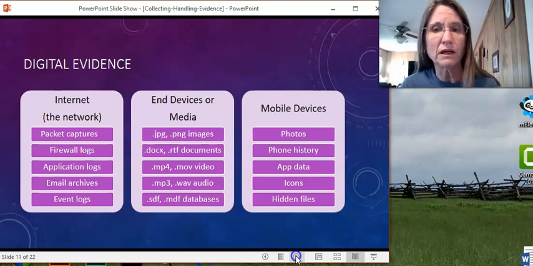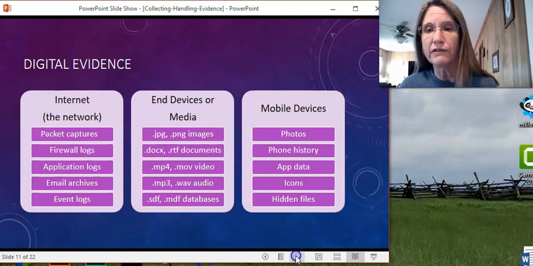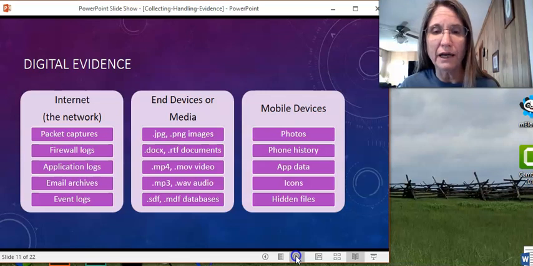End devices or media would have files of all different types of extensions relating to images, documents, spreadsheets, perhaps audio files, and even databases. And then similarly on our mobile devices, there are icons that could include hidden data, app data that is stored on the device, phone calling history, photos, and even files that can be either purposely hidden or hidden by an application.